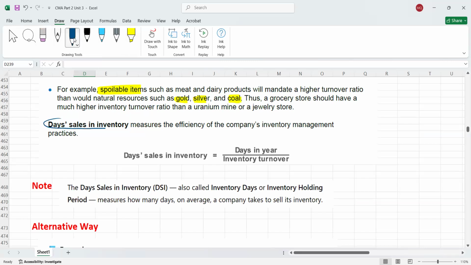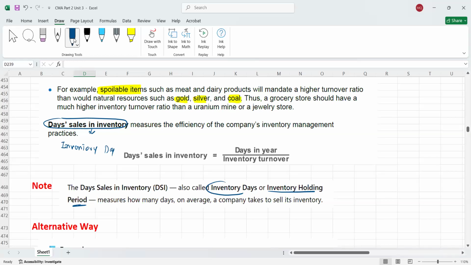Now days sales in inventory is also called what? Inventory days. It is also called inventory holding period. Okay, third name: day sales in inventory, or inventory days, or inventory holding period.